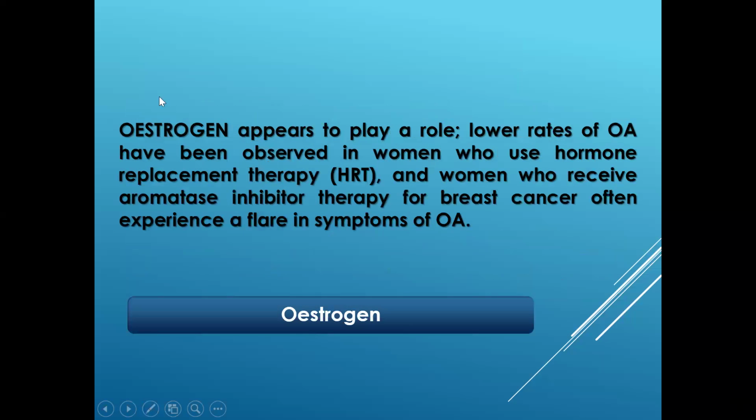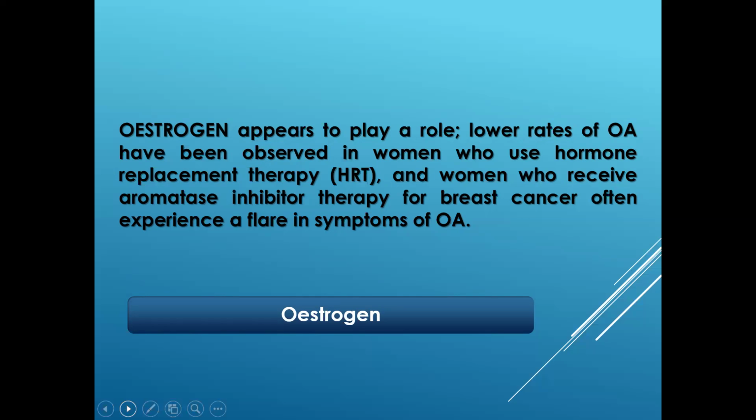Now, when we were looking at the biomedical factors, we made mention of hormones. It has also been proven that estrogen appears to play a critical role because it lowers the rate of osteoarthritis. It has been observed in some studies that women who use replacement therapies and women who receive aromatase inhibitor therapy for breast cancer often experience a flare in symptoms of osteoarthritis.